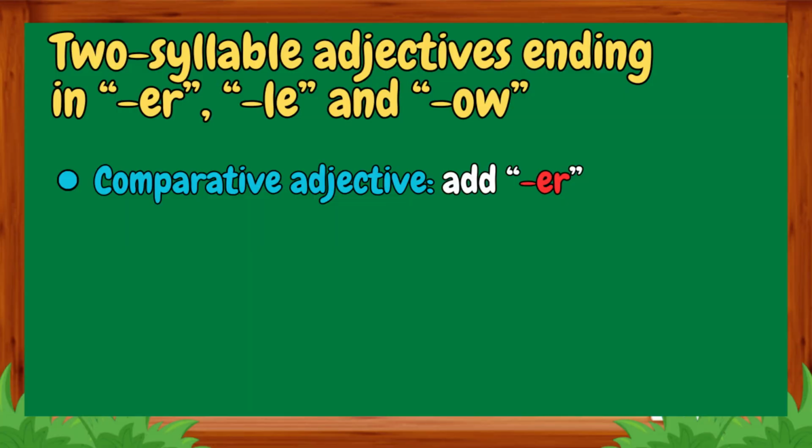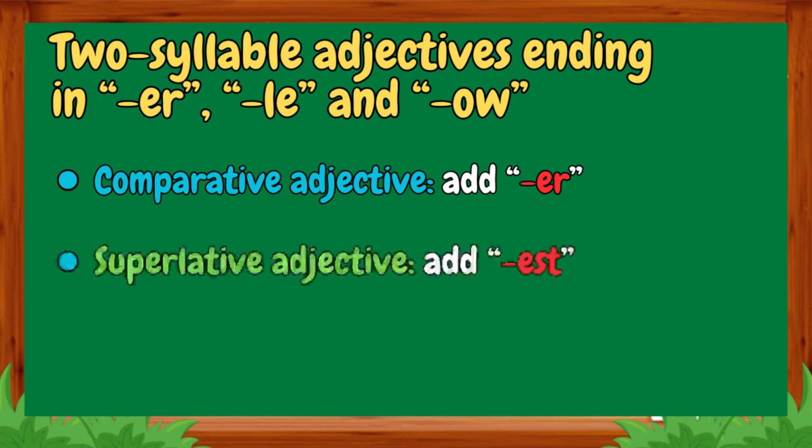For two-syllable adjectives ending in er, le, and ow, the comparative adjective is formed by adding er to the end of the word, and the superlative adjective is formed by adding est to the end of the word. Yeah, so exactly the same as the one-syllable adjectives. Let's go look at some examples.